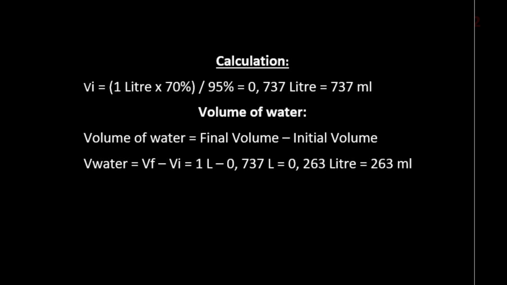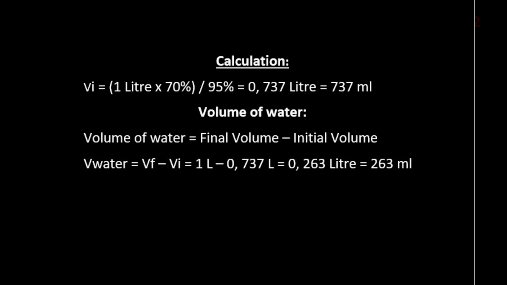On our side, we're getting 0.737 liter. You can convert this into milliliters and you get 737 milliliters. This is the initial volume of 95% isopropyl alcohol that we need to mix with a certain amount of water, then we can get 1 liter of 70% isopropyl alcohol.